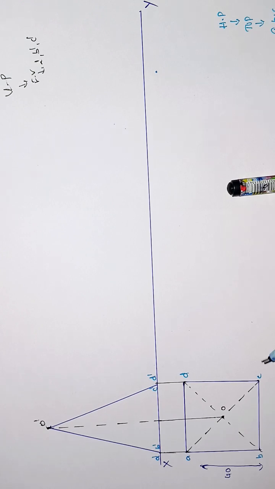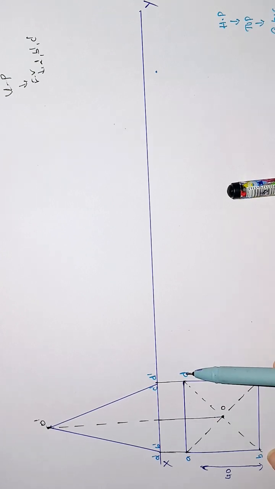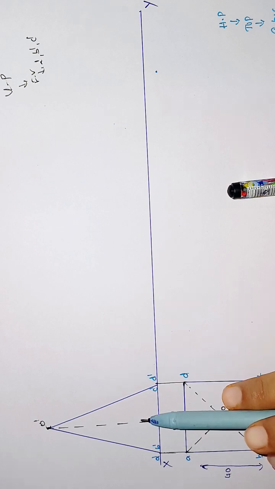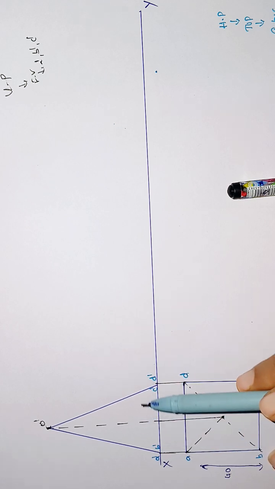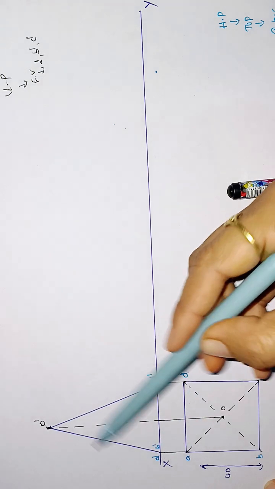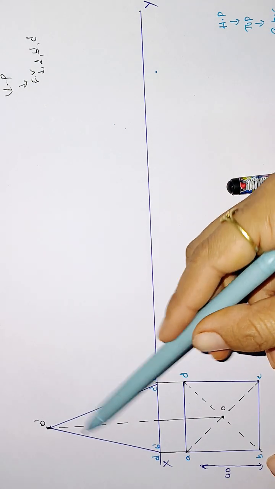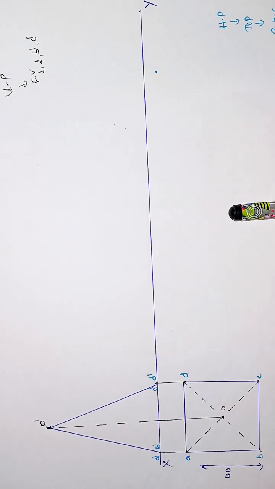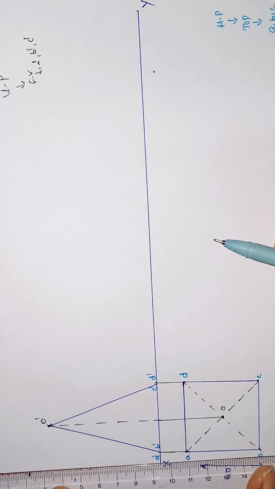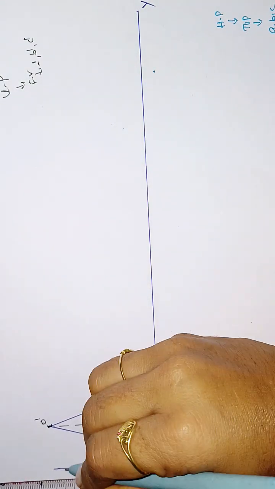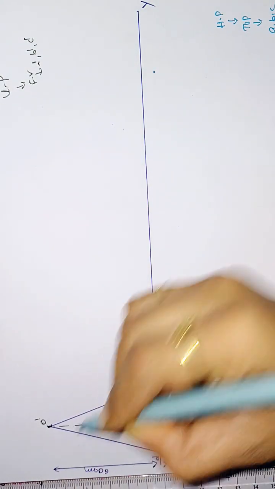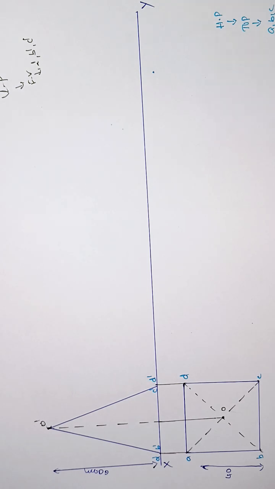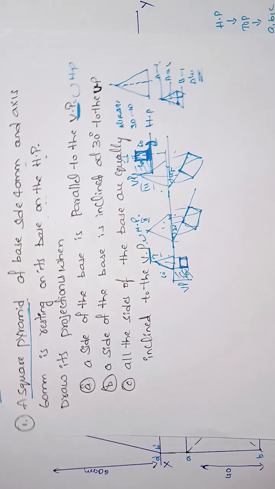Similarly, here B and C are the main points, A and D are the hidden points. For hidden points you have to draw dotted lines, for main points you have to draw dark lines. So A prime and A are light lines but B is a dark line. Here there is no more difference, so you have to draw directly a dark line. And this axis is 60 mm.